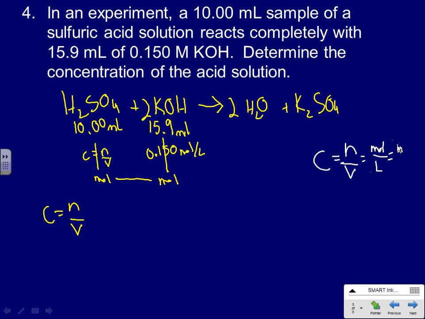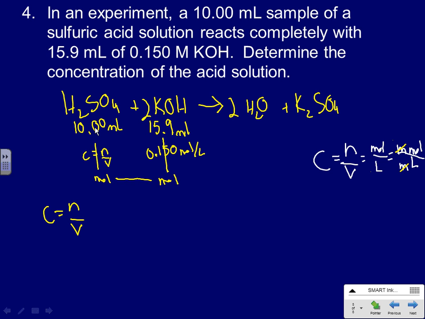I can actually put millimoles over milliliters. If I use millimoles over milliliters, you'll notice that the millis cancel out, and I'll still end up with moles per liter. Now, you don't have to do the questions this way. You could convert everything to liters and everything to moles. But let me show you why this works the way it does.